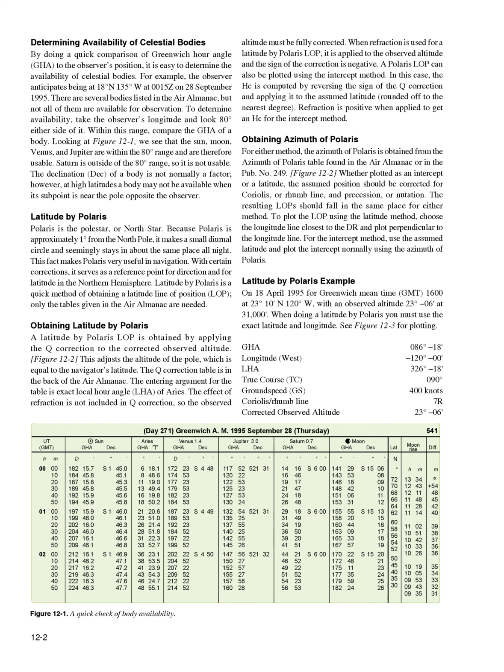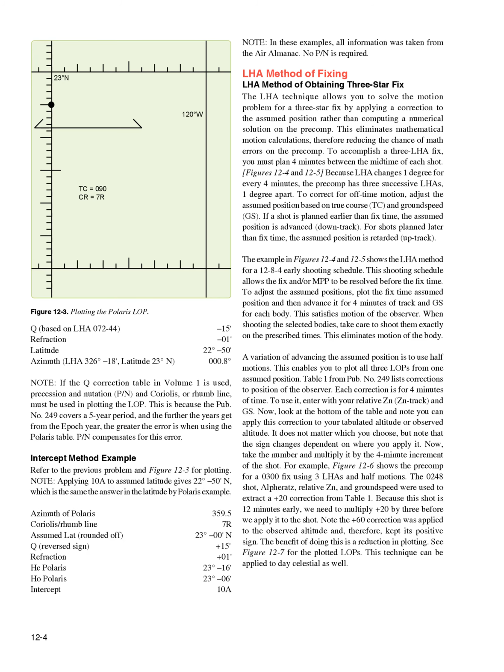True course, TC, 090 degrees, ground speed, GS, 400 knots, Coriolis/rhumb line 7. Hs 23 degrees 06, corrected observed altitude. Q, based on LHA, 07244, refraction -01, latitude 22 degrees 50.